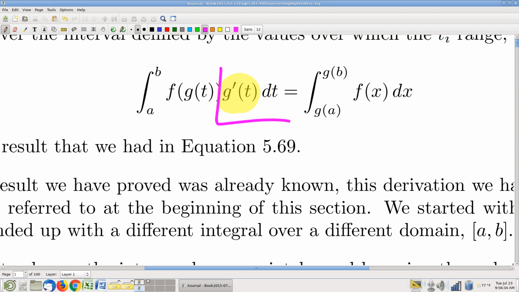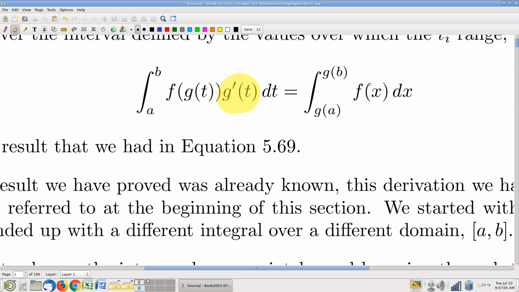That's how much you have to stretch out a piece of the t-axis to give you what it turns into on the x-axis. So stretching factor, I think it's a very natural way to think about it. I don't want to say forget about the chain rule, but when we're doing this kind of thing going forward, you should think less about the chain rule and more as a statement about stretching of pieces of the domain.